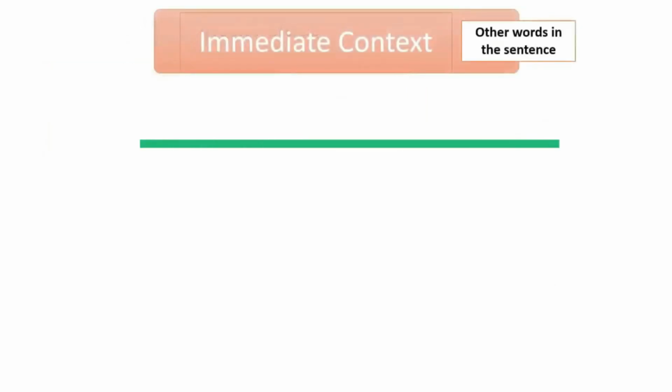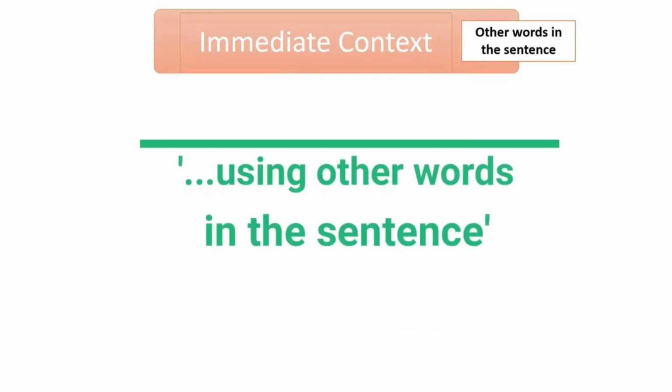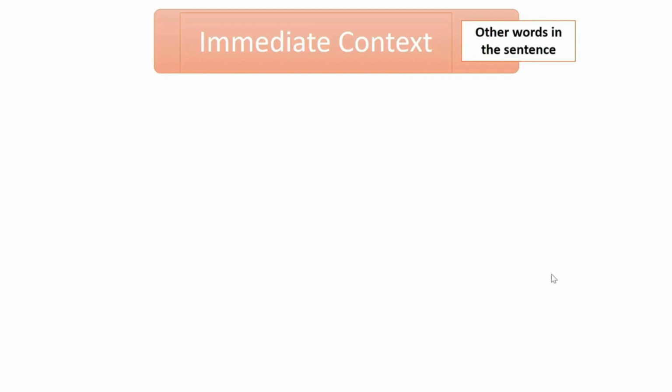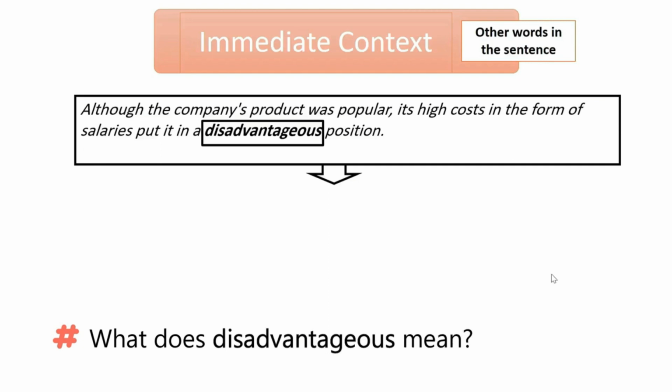Immediate context, and that is using other words in the sentence to help understand the main word that the question is related to. So for example here, although the company's product was popular, its high costs in the form of salaries put it in a disadvantageous position. We want to find out the meaning of the word disadvantageous.